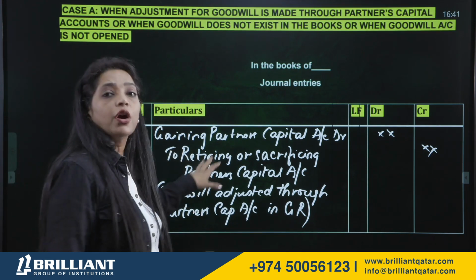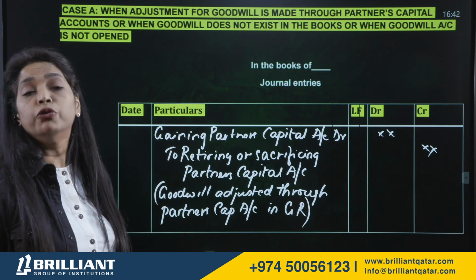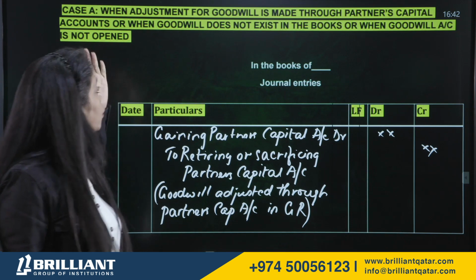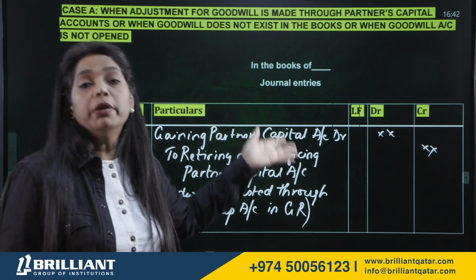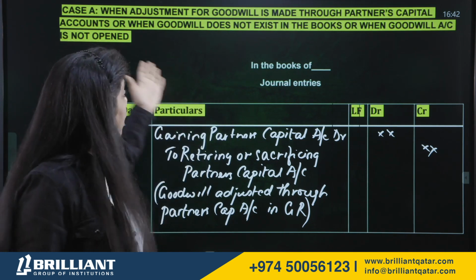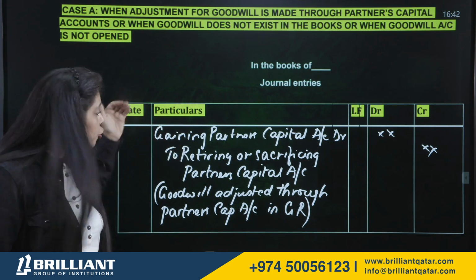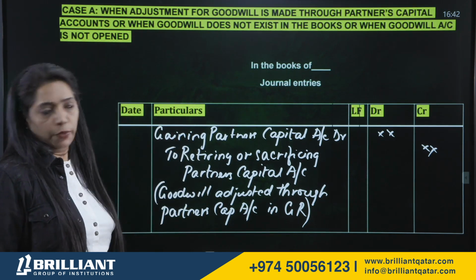And the retiring or sacrificing partner is credited because they are the one who is going to receive the amount of goodwill. So the journal entry when goodwill is adjusted to partner's capital account, or when goodwill account is not open, or when goodwill does not exist in the books is gaining partner's capital account debit to retiring or sacrificing partner's capital account.